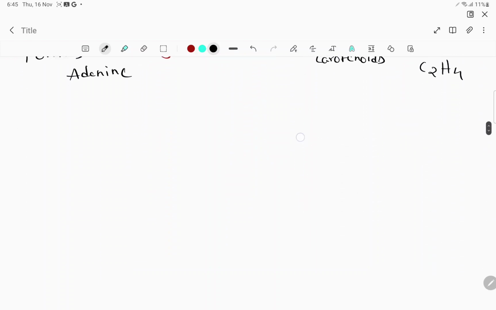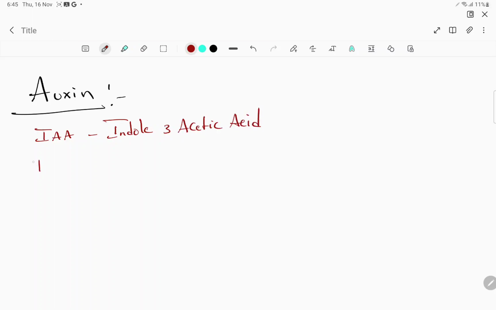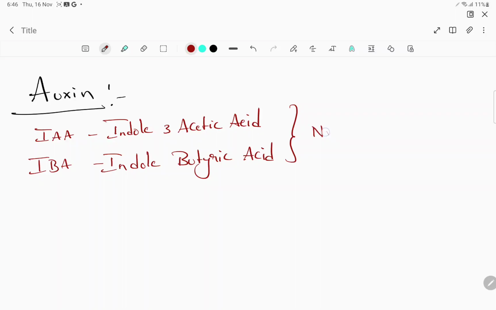So let's talk about the very first one, auxin. So coming to the auxin, this is an indole compound. Remember the four compounds: IAA, indole 3 acetic acid. And next IBA, indole butyric acid. So these two are naturally occurring.